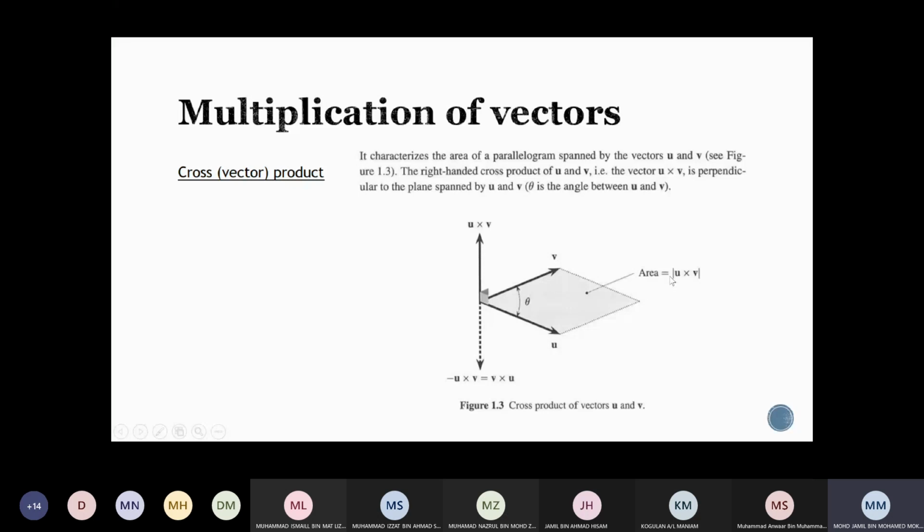So the magnitude of the cross product equals the area of the parallelogram of u and v, macam dalam gambar ni. So the right-handed cross product u cross v is always perpendicular to the vectors u and v. Okay, so if you write v cross u, then it becomes negatif ke bawah lah.